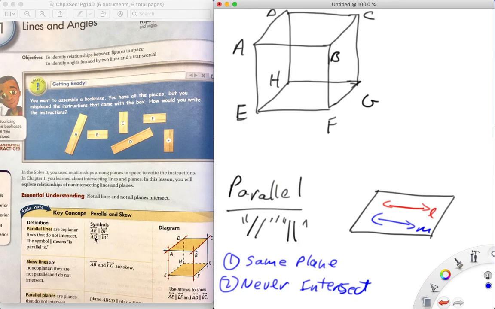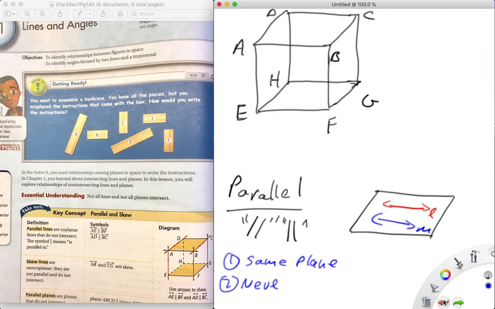Here's AE as a set of parallel lines, and here is BF. They would be considered parallel. There's so many parallel lines here: AD, BC, CG, BF, AE, DH, HG, EF. They're all within the same plane, and they never intersect. Parallel lines.